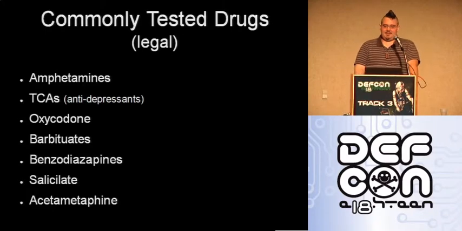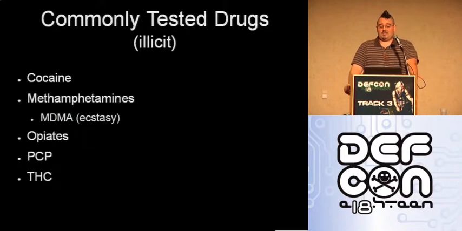And then barbiturates, benzodiazepines, and oxycodones are mostly commonly tested for therapeutic monitoring, making sure you're taking your drugs and not someone else's, making sure you're not taking too much of your drugs. There is a lot of money that ends up going into pain management with the oxycodone. A lot of money that goes into that.